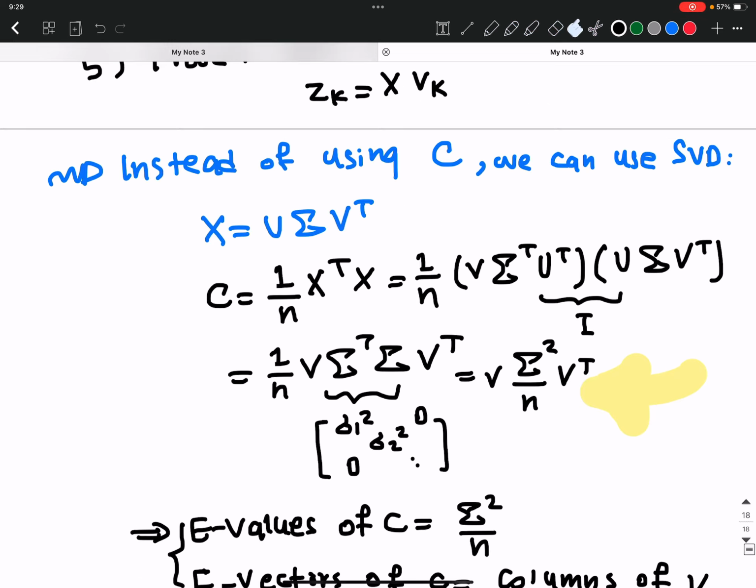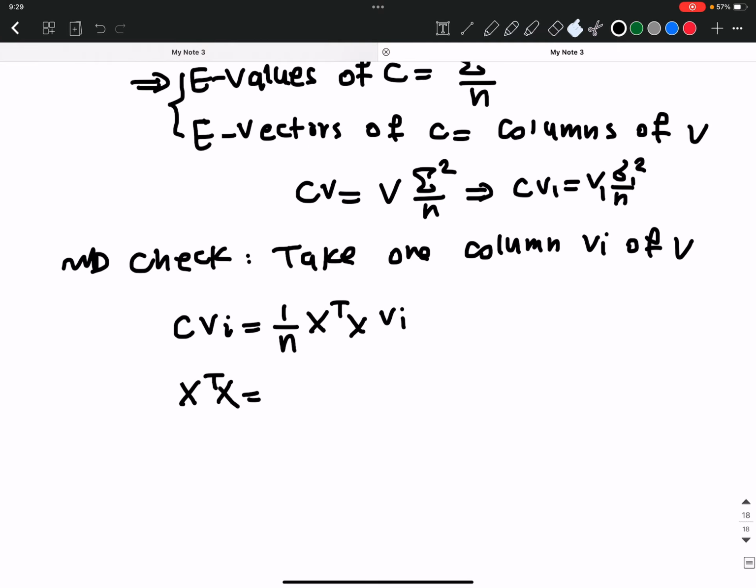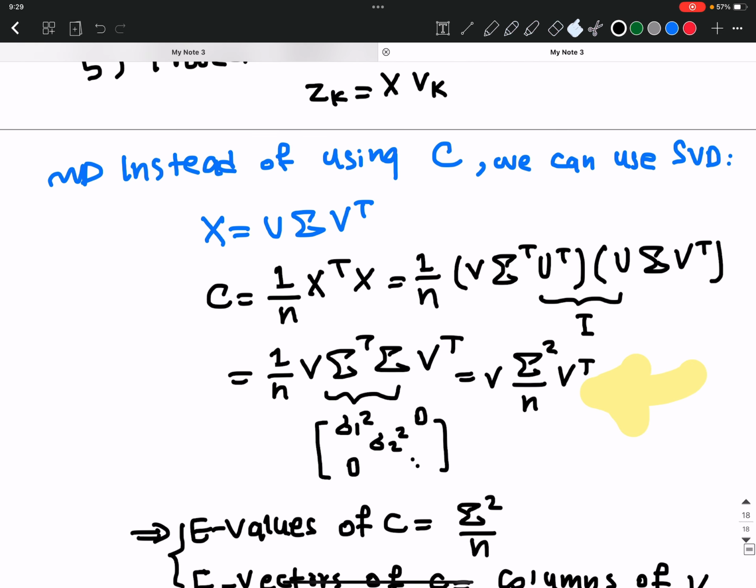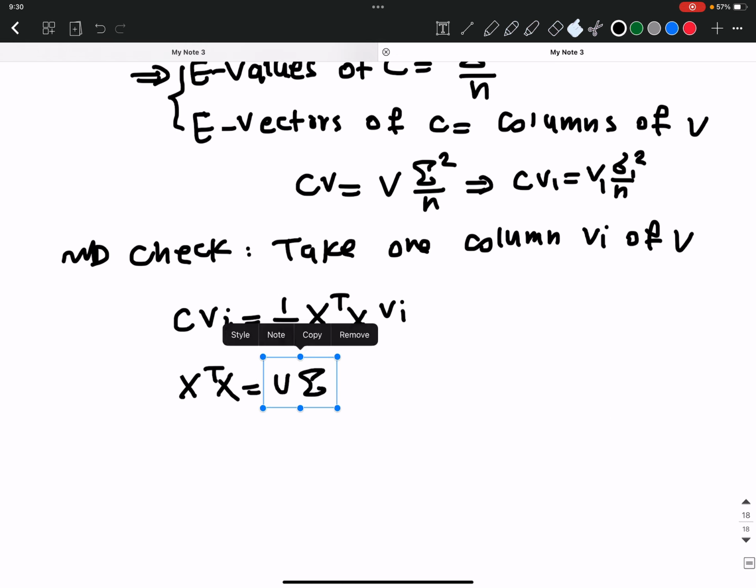U sigma is going to be U sigma times... I'm not going to write it down because we have already written it here. So it's going to be this. Let me just copy that. Actually, it's easier if I do that.